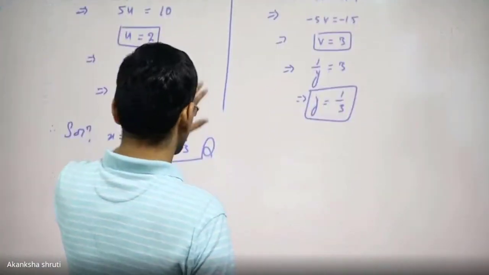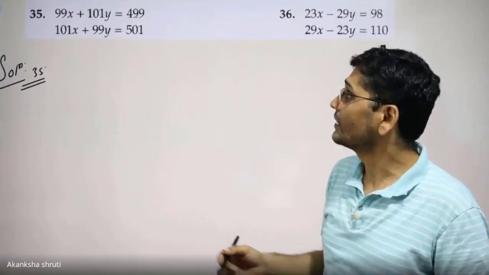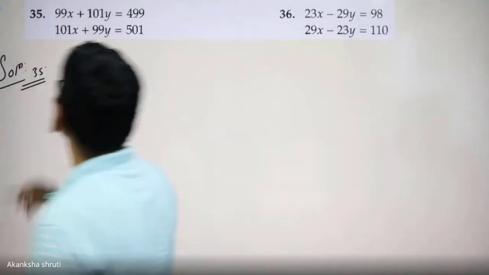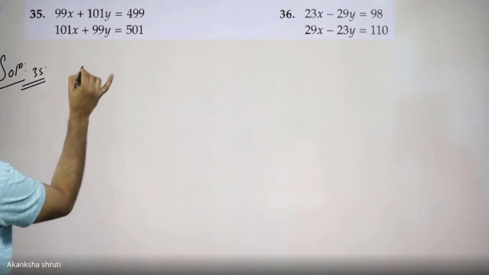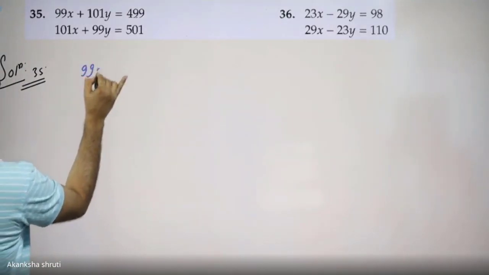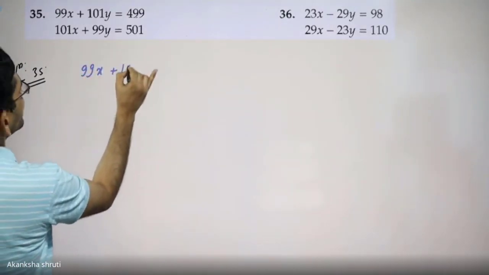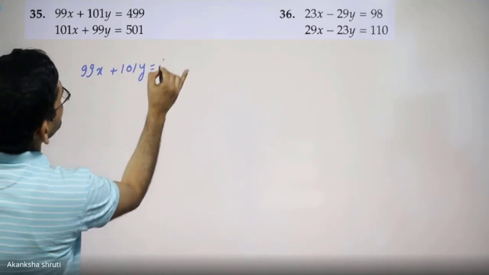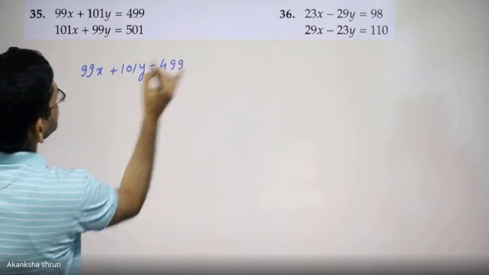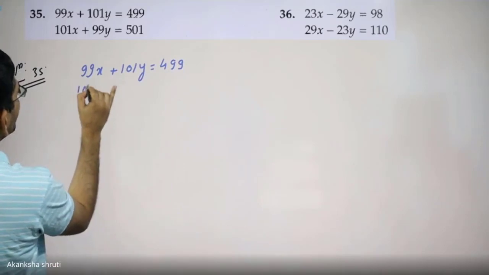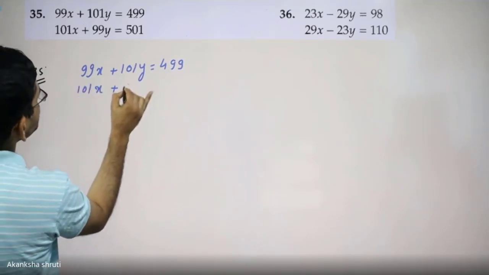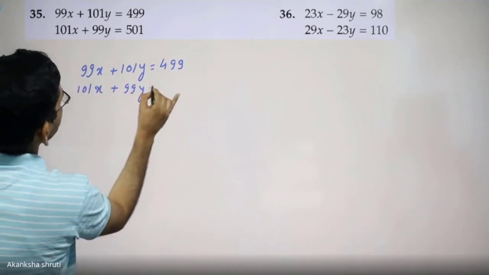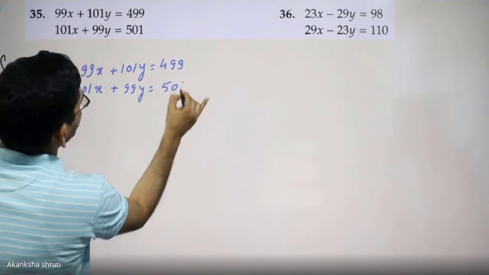So follow this approach. Students, let us come to question number 35, where the question is 99x plus 101y is equal to 499. The second equation is 101x plus 99y is equal to 501.